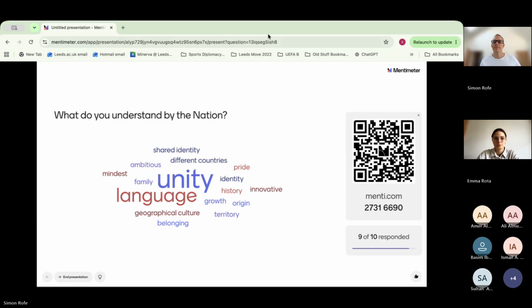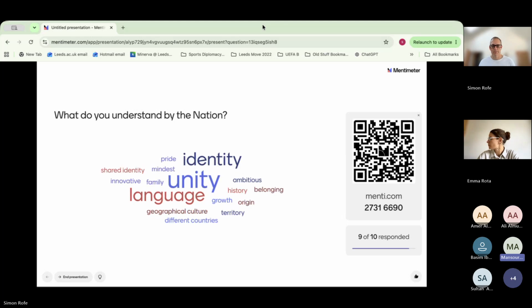Yes, thank you, Professor. I would say a group of people who believe they have a common background and they share the same destiny, and they have some shared history or language or religion even to create such a nation.